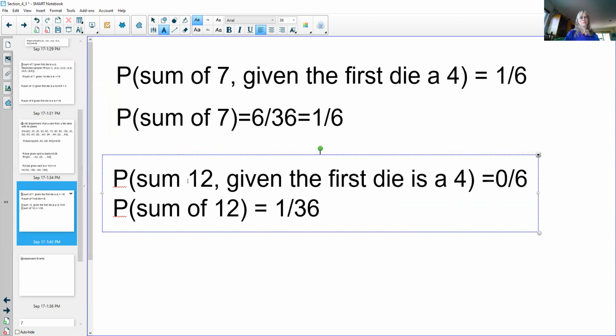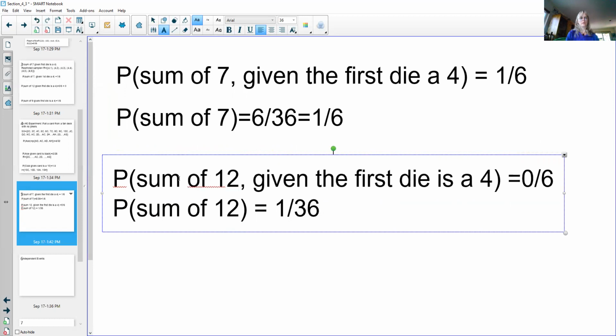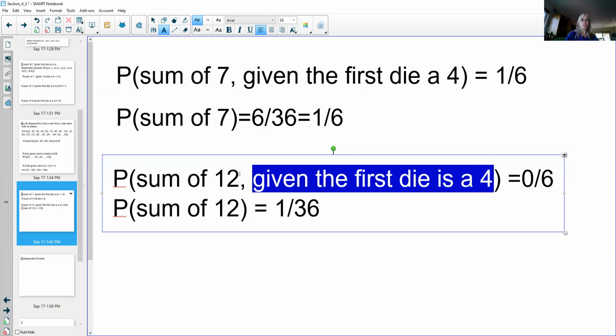And those don't equal. So knowing that the first die was a 4 did in fact change my probability. That actually affected what my probability was going to be. Knowing that I got a die of 4 changed the probability of getting a sum of 12.